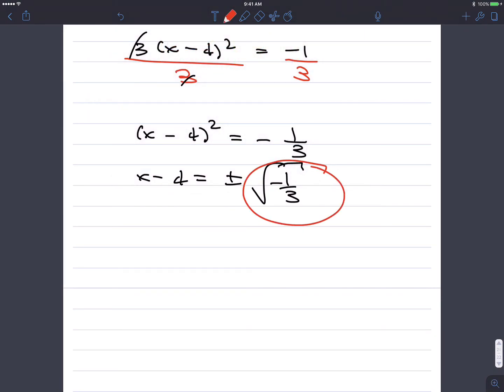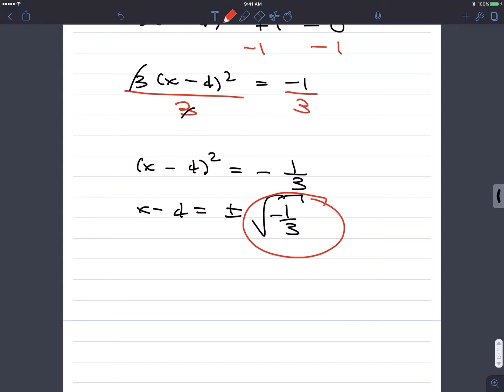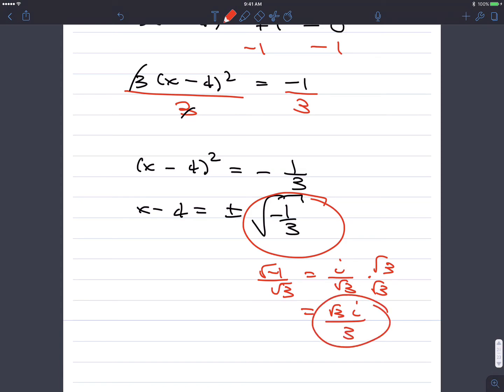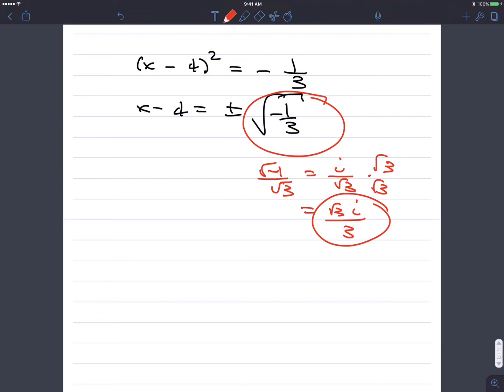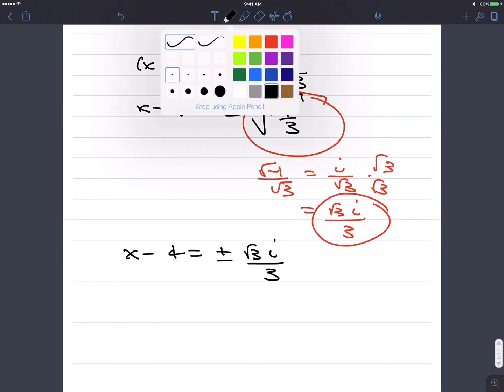This is going to be the square root of negative 1 over the square root of 3, which is i over the square root of 3, times the square root of 3 over the square root of 3. We end up with the square root of 3 i over 3. That's going to be our radical.